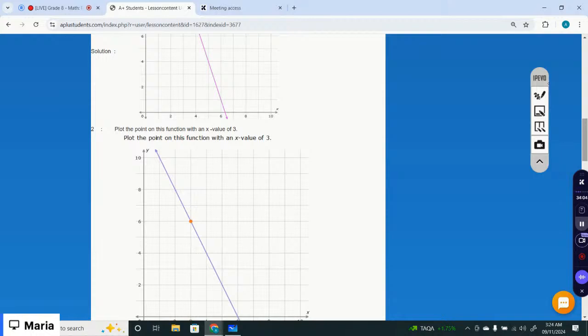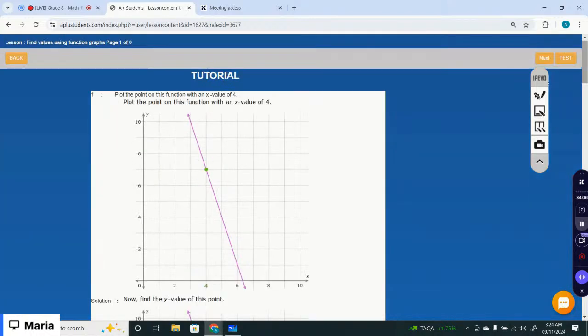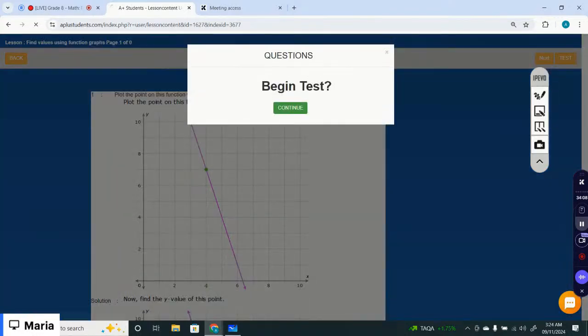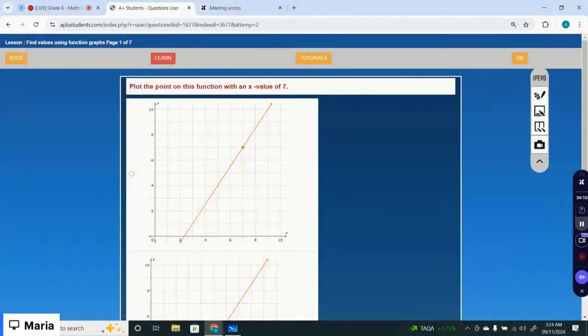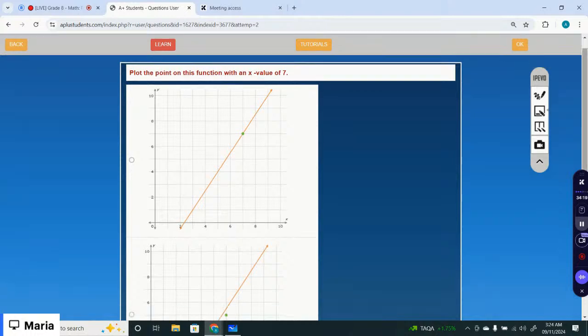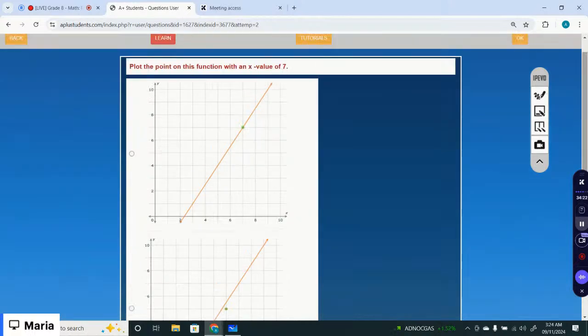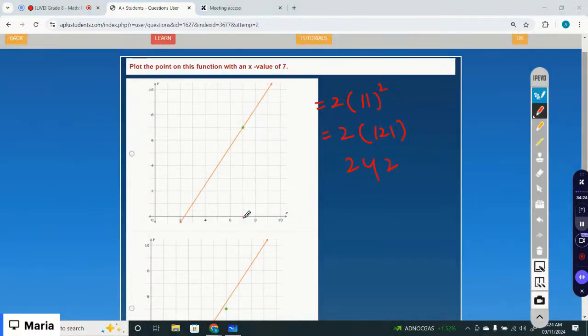Let's just start with the test questions. Plot the point in the function with an x value of 7. So just make a point on x equals 7. Here is x equals 7.